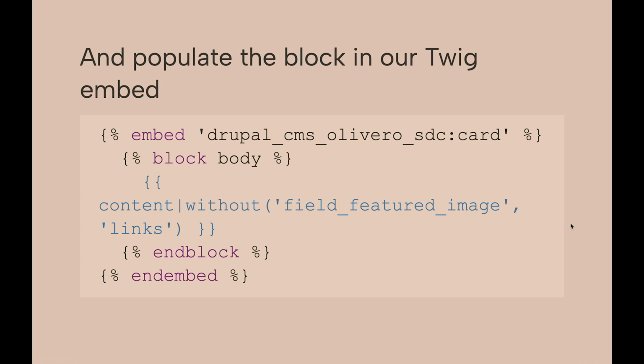I think I jumped from body to image in this example, but you get the general idea. I'm removing the image field to render the body. Anyway, we are actually just having Drupal render that in the Twig template like we would in a regular Twig template, just in that slot.